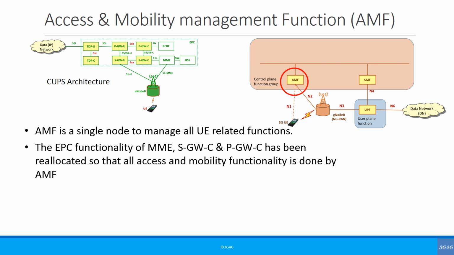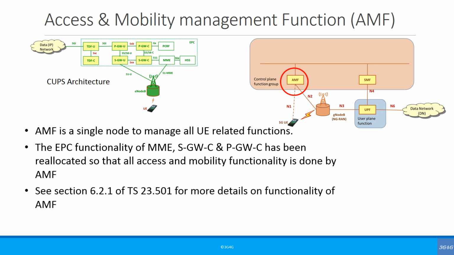The EPC functionality of MME, SGWC and PGWC has been reallocated so that all access and mobility functionality is done in AMF. Again, section 6.2.1 of 23.501 has more details on AMF.